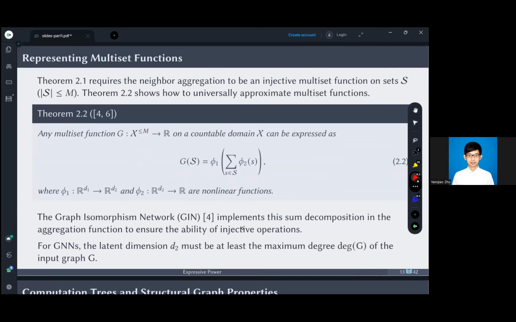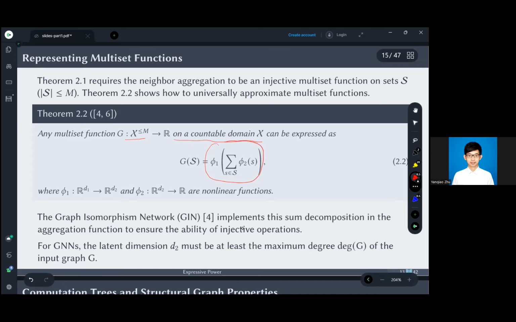The theorem states that any multi-set function defined from the multi-sets over a countable domain X to the real space can be represented in this way.